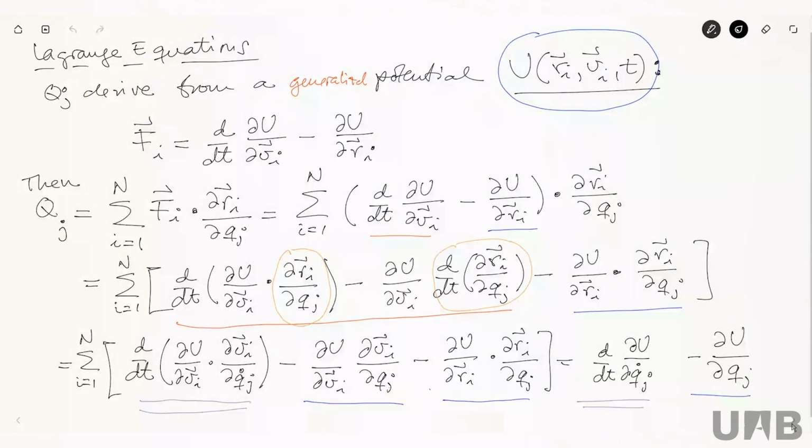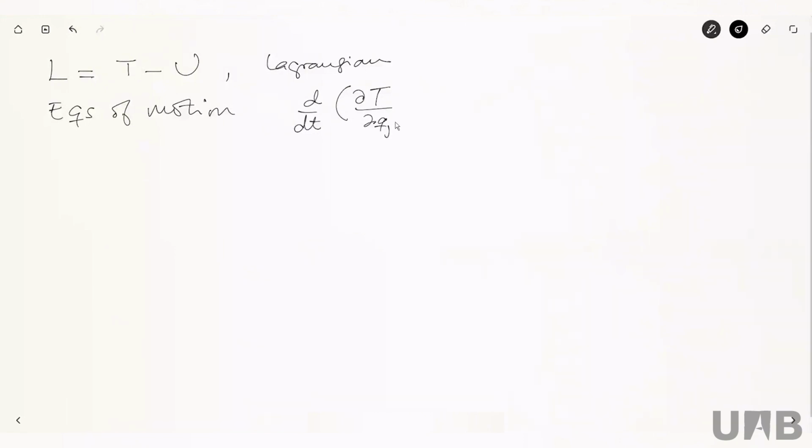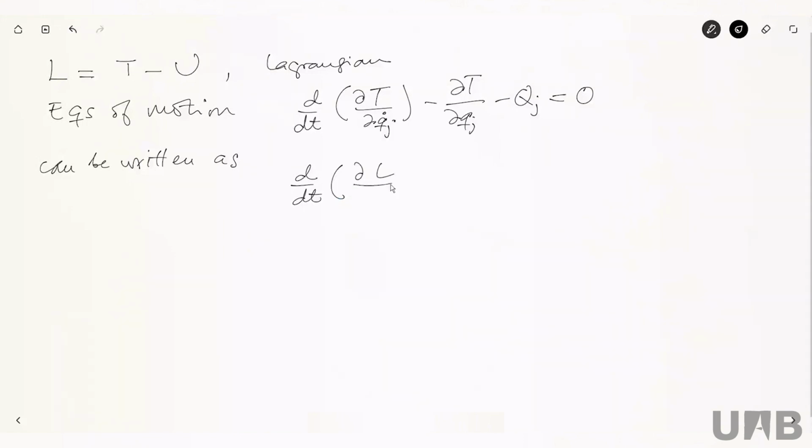And so this means that if we define a function L, which is T minus U, and we call it the Lagrangian, then the equations of motion which we found before, d/dt of the derivative of T with respect to q dot j, minus the derivative of T with respect to qj, minus the generalized forces Qj, equals 0, can be written as d/dt of the derivative of the Lagrangian with respect to q dot j, minus the derivative of the Lagrangian with respect to qj, equals 0.